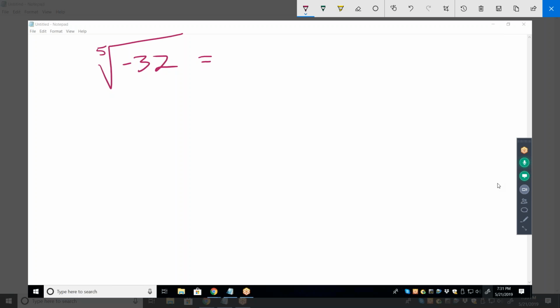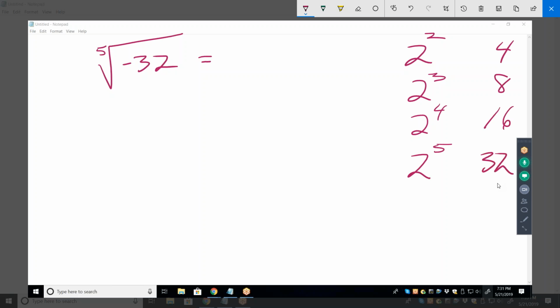I'm not sure. It's good to know your powers of 2, all the way through at least the 5th root. 2, 4, 8, 16, 32. So what is the 5th root of 32? 2. What's the 5th root of negative 32? Negative 2.